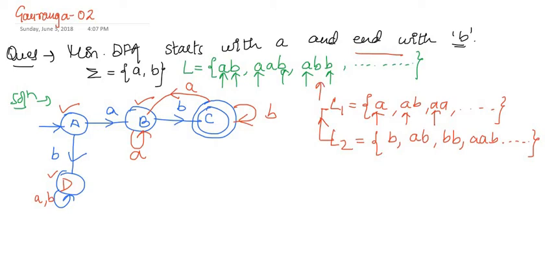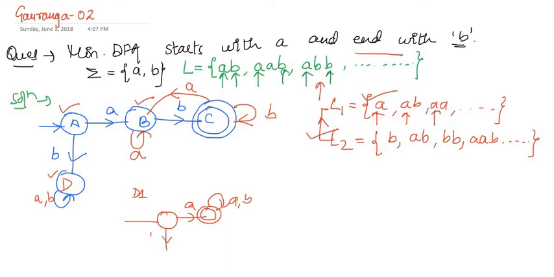So in such cases we can make a DFA for L1, we can make a DFA for L2, and then we can concatenate both. So let us try the DFA for L1. The DFA for L1 will be: if A comes, we will accept it, and after that whatever comes, we will accept.